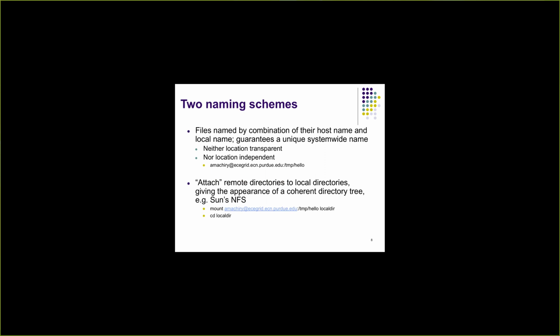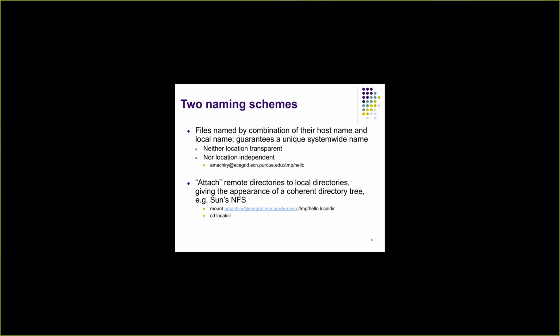An example, for instance, let's say I want to access hello in the temp folder of ECE grid. I could just use the machine name followed by the file name. Okay, but note that this naming is neither location independent nor location transparent, because from the name I can figure out where the file is located, and when the file location changes, the name changes as well.